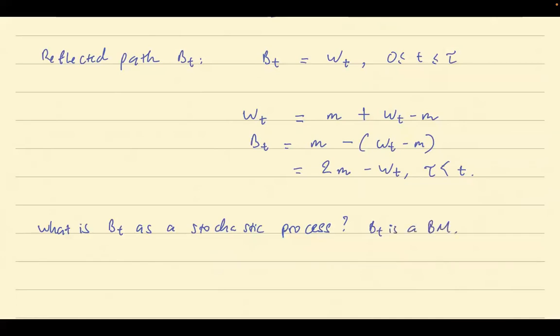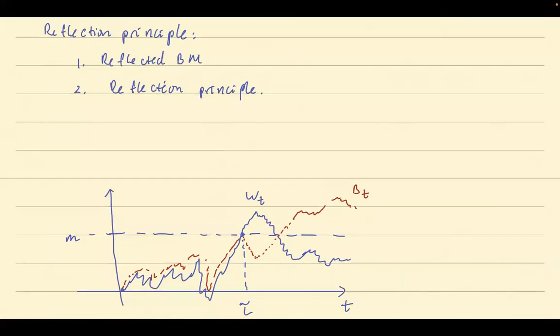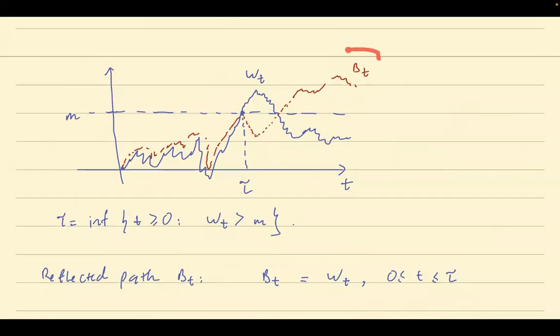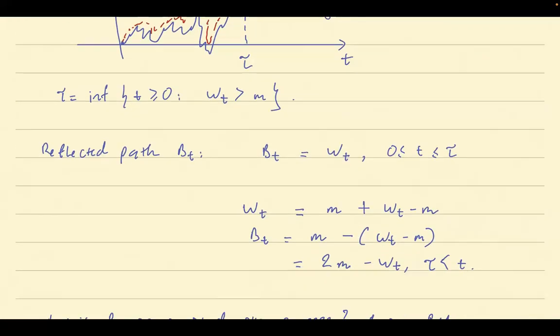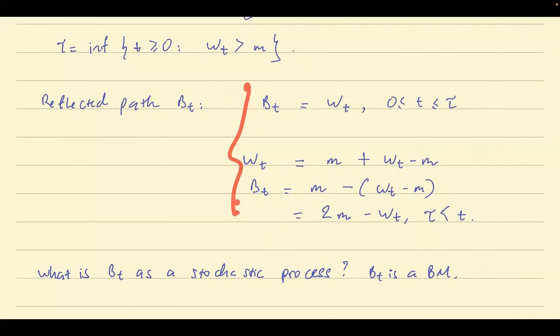So, compactly, we just call BT a reflected Brownian motion. But it's very crucial that first of all, we defined BT like this, and then we claim it's a Brownian motion.